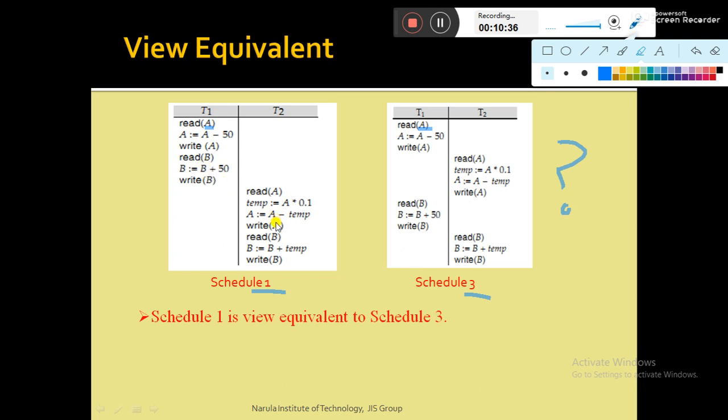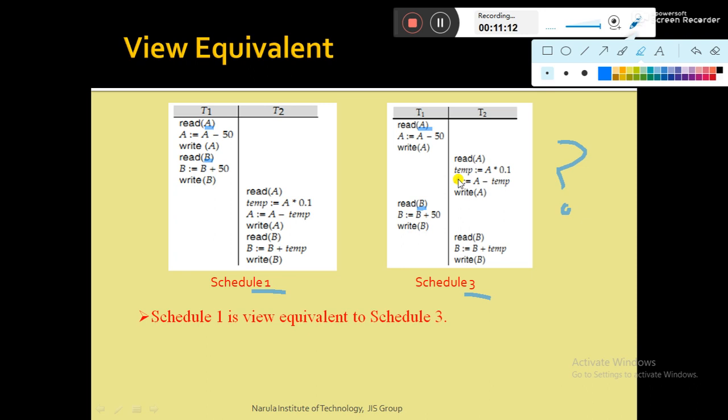Data item B is initially read by transaction T1 in schedule 1, and here the data item B is initially read by transaction T1 in schedule 3 also. So both data items A and B are initially read by transaction T1 in schedule 1 and also in schedule 3. That means the first condition is totally satisfied.